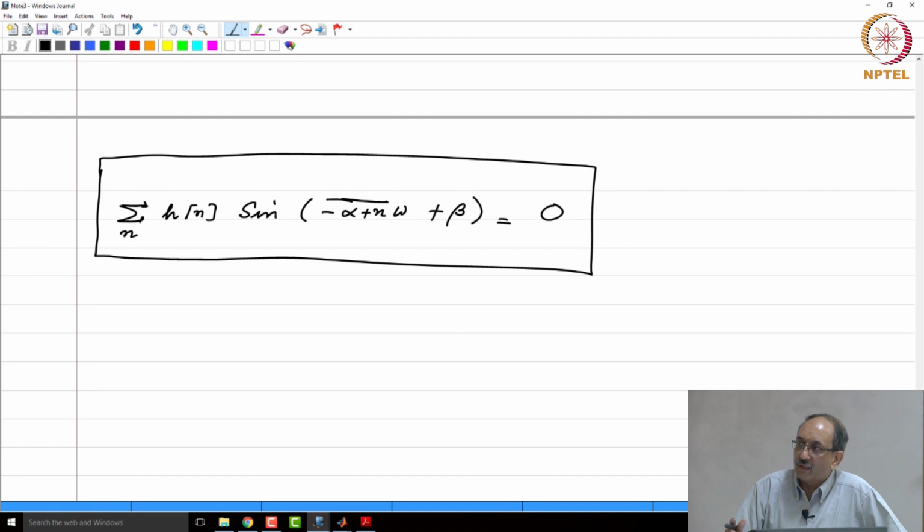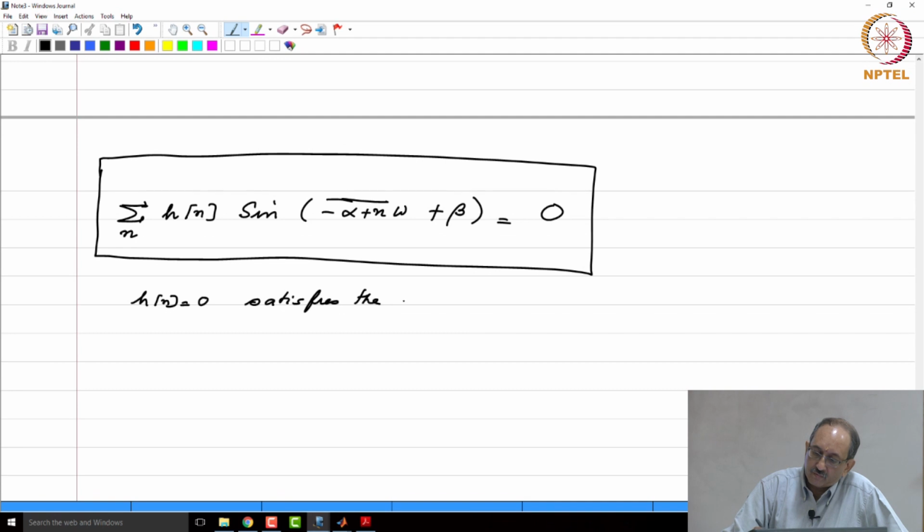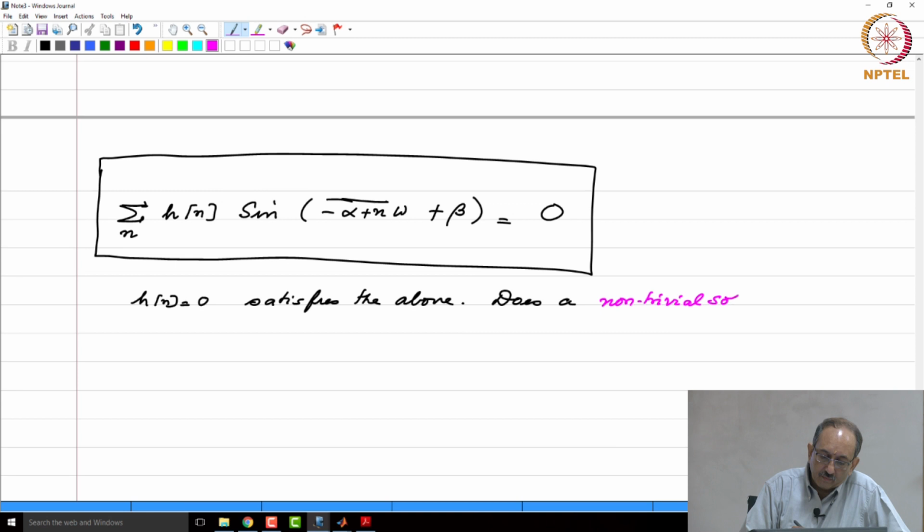So, now we are looking at non-trivial solution, right. So, h of n equal to 0 satisfies the above. The question is, does a non-trivial solution exist?